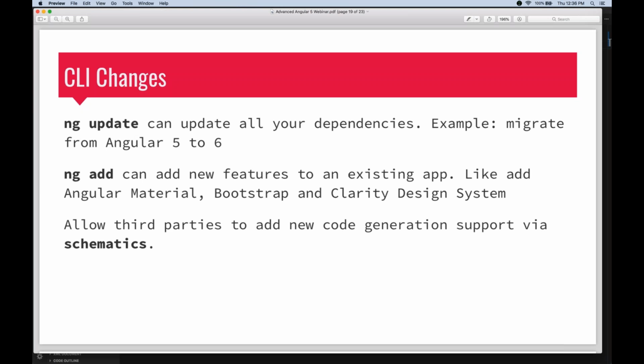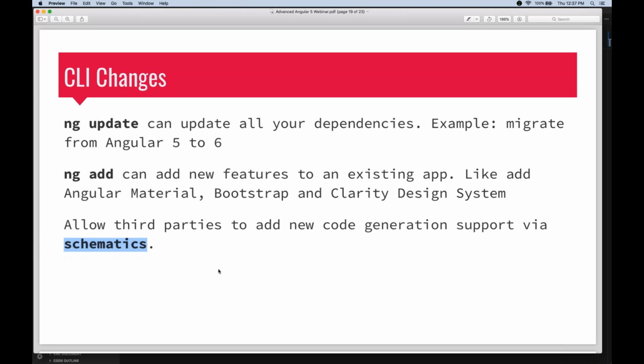So internally, what Angular CLI has now done is added support for schematics. What schematics does is that it allows third parties to add plugins to Angular CLI. So by default, as you know, you can use Angular CLI to generate components, services, directives, and so on.